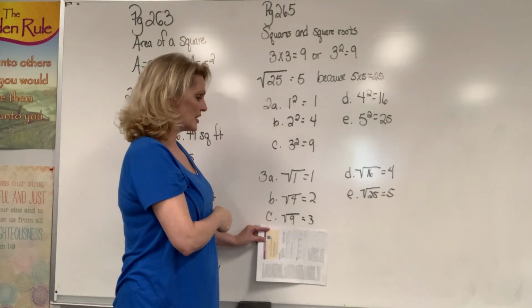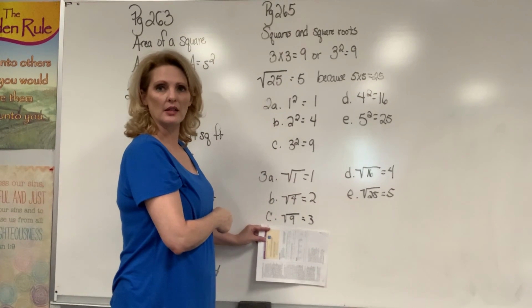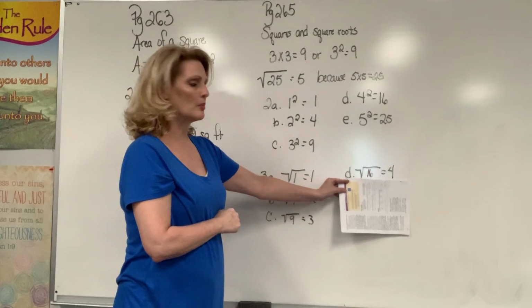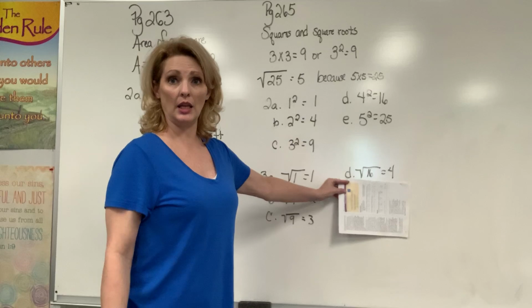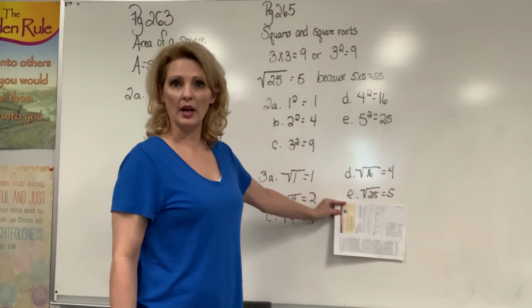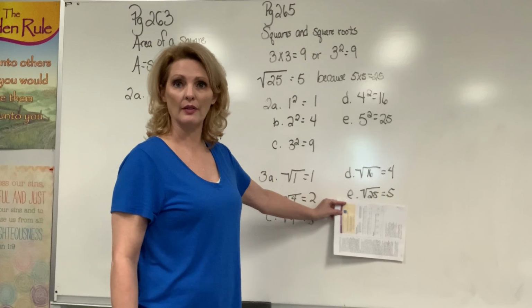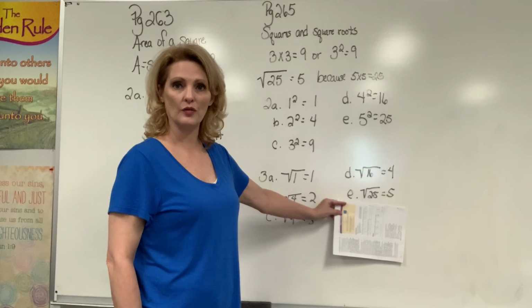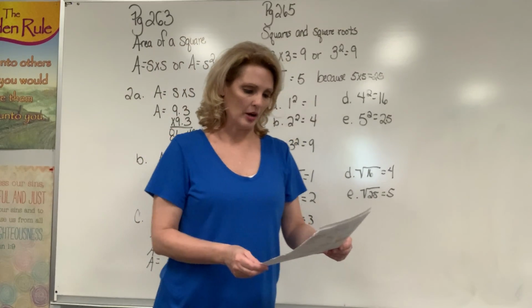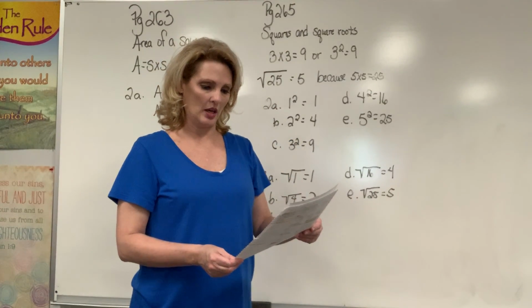The square root of 9, what do you multiply by itself to get 9? 3. On D, what do you multiply by itself to get 16? 4. On E, what do you multiply by itself to get 25? 5. And that's your final answer on that. So that should help you on 2 and 3.